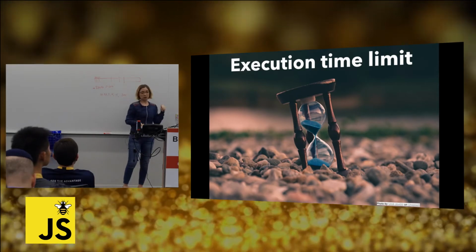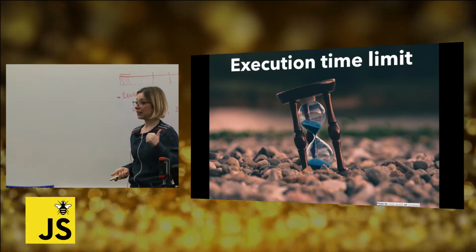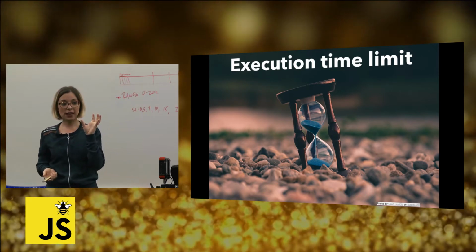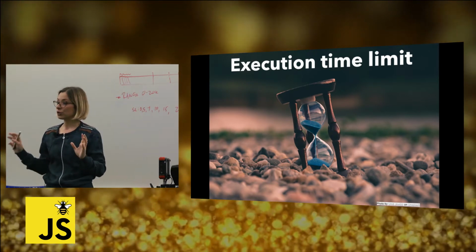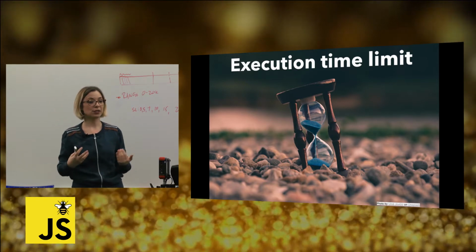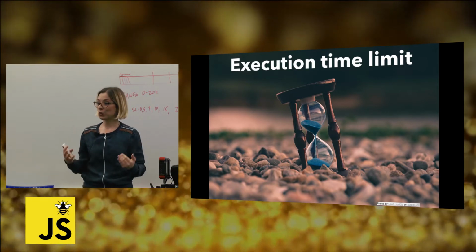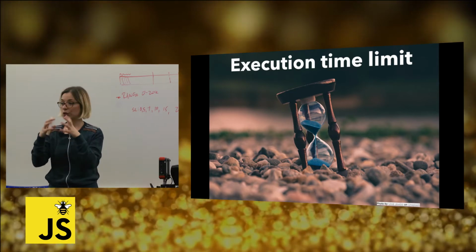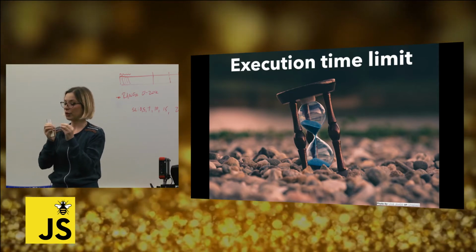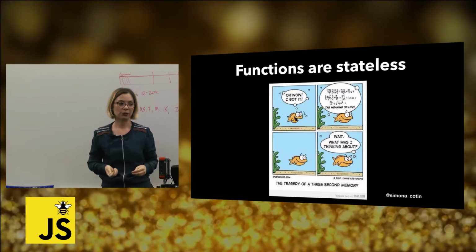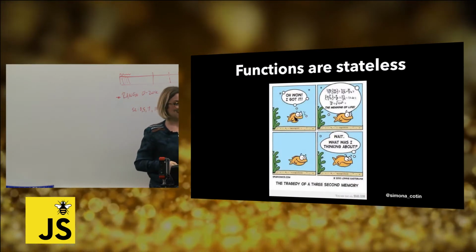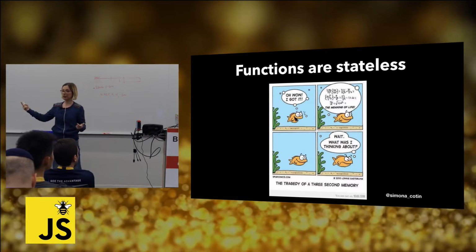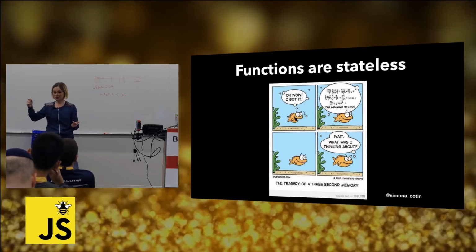Cool. Another thing that's important to know about serverless is that we have an execution time limit. So a function is time bound to either 5 minutes or 10 minutes. So whenever you're building serverless applications, you need to make sure that your code runs within that time limit. Your functions are very well defined and granular. Functions are stateless because we don't know after 5 minutes where your new request is going to end up running.